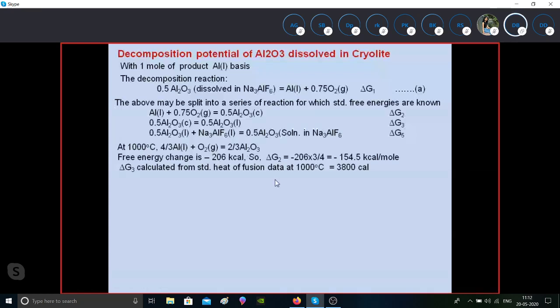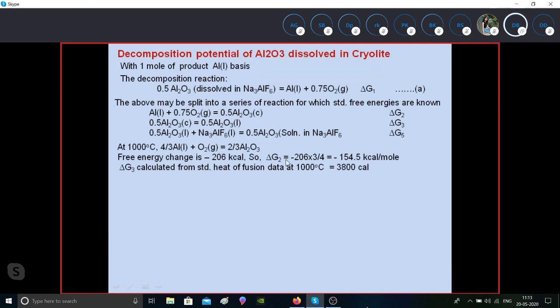But what is my reaction? It is not 1 mole of oxygen, it is 0.75 oxygen. In this reaction, we are writing 0.75 oxygen and we are calculating delta G as 1 oxygen.